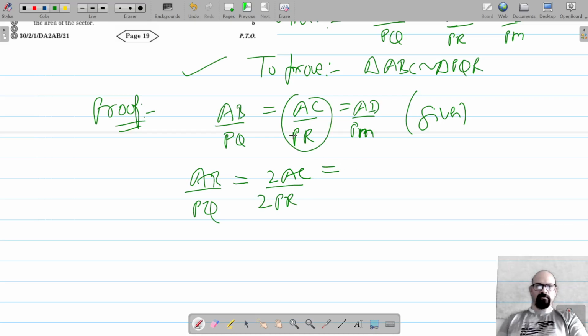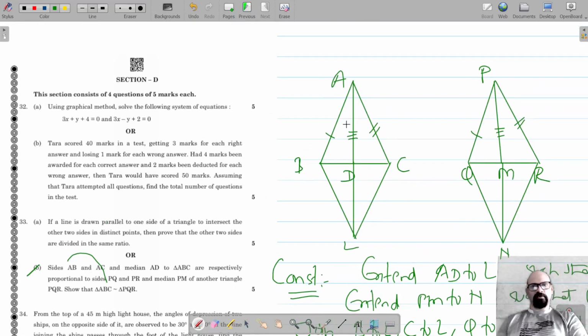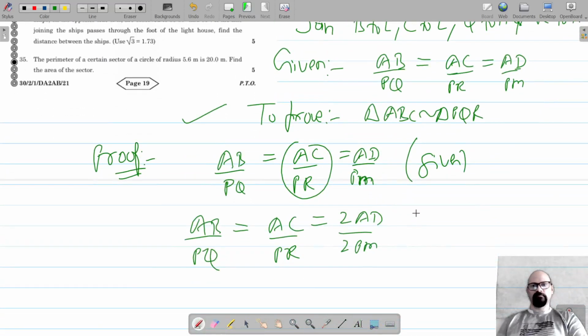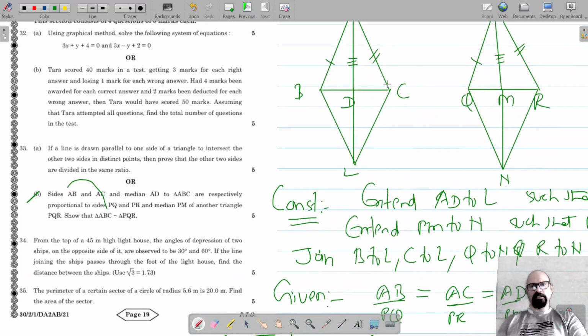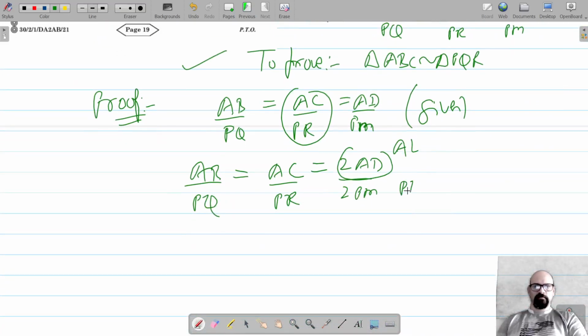If the sides are in proportion, then their double is also in proportion. So 2 times AD, 2 times PM. 2 times AD is AL because AD and DL are equal, and 2 times PM is PN.